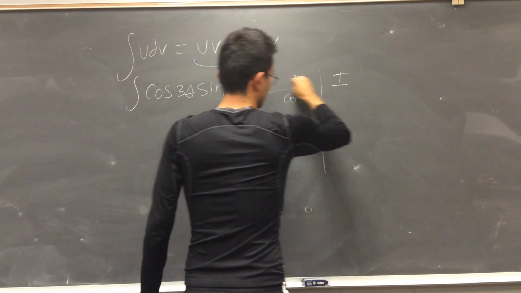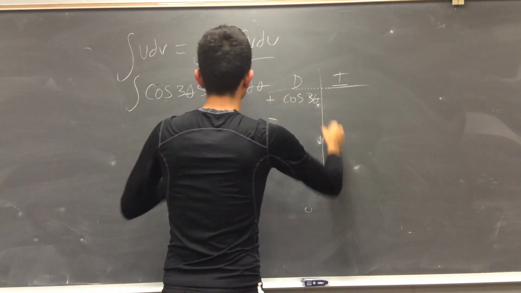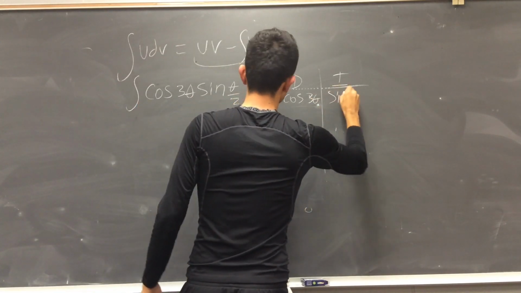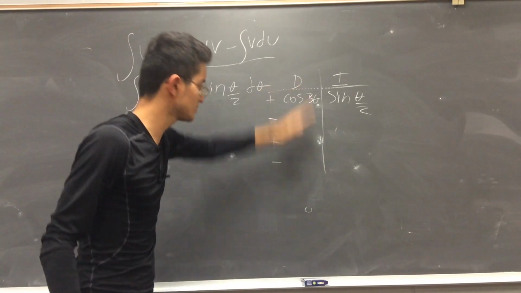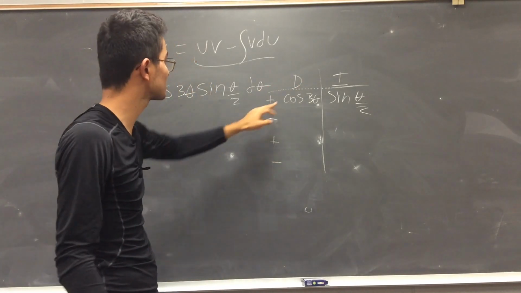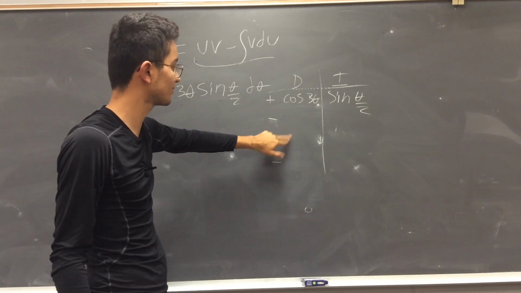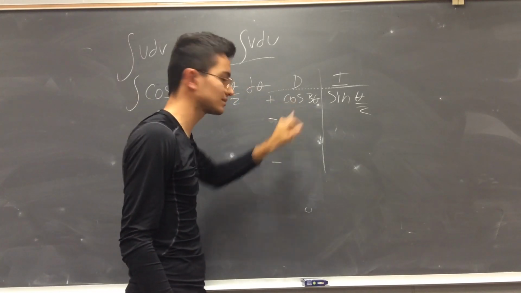Over here we're going to have plus, minus, and then our dv is going to be sine theta over 2. Now we're going to differentiate all this, but we're going to stop once we go back to cosine. So it's basically at the third row, and I'll tell you why. Let's differentiate this once.